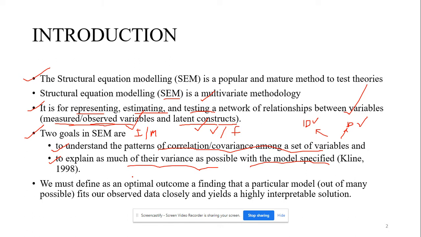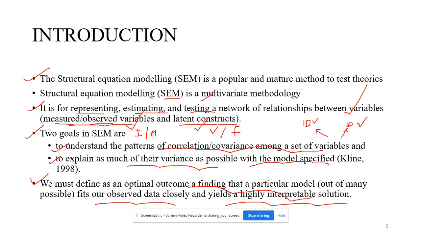And of course, in this SEM methodology, we must define an optimal outcome, a finding that a particular model out of many possible fits our observed data closely and yields a highly interpretable solution.